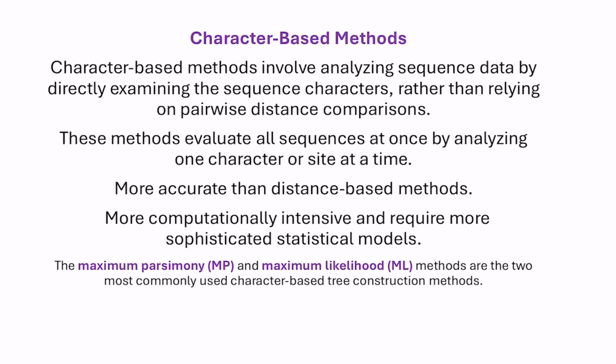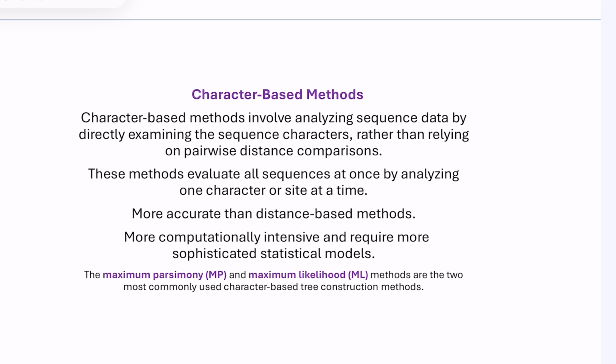The second one is the character based method. Now, what is the difference between the distance based method and the character based method? As the name indicates, the character based method involves analyzing sequence data, directly examining the sequence characters rather than relying on pairwise distance comparison. So in this one, it will rely on each sequence during the analysis.